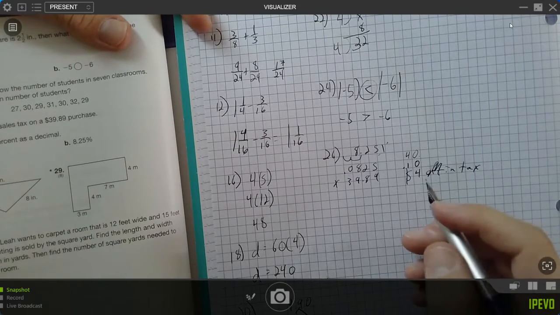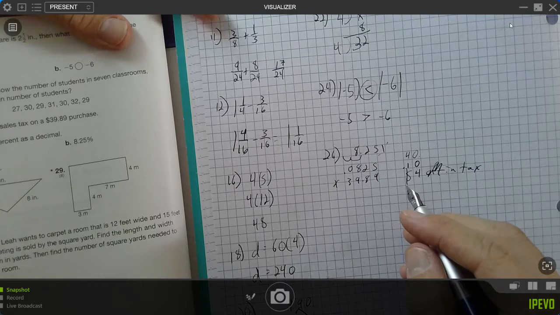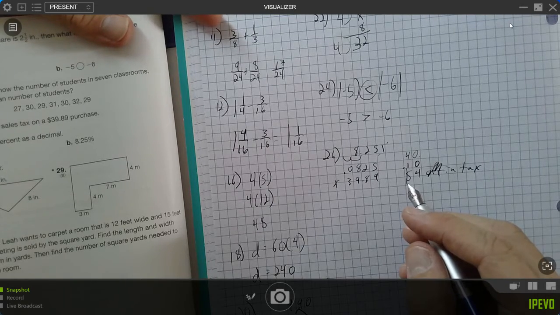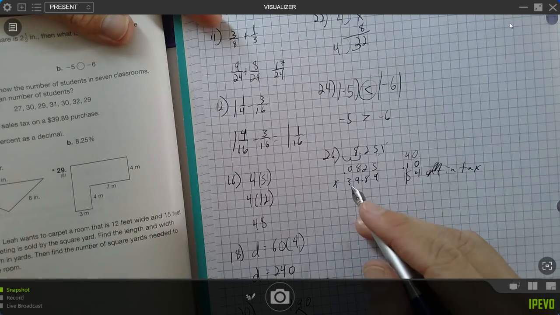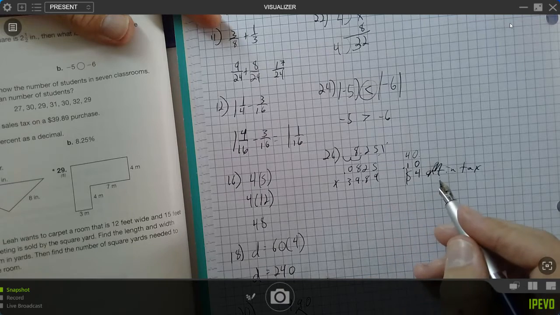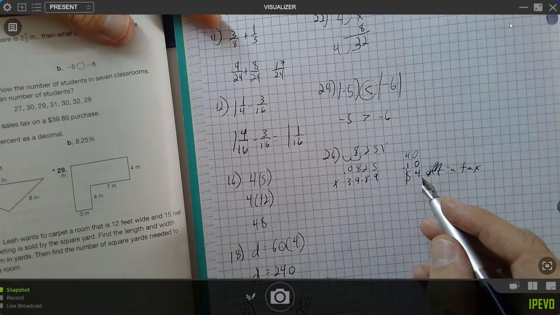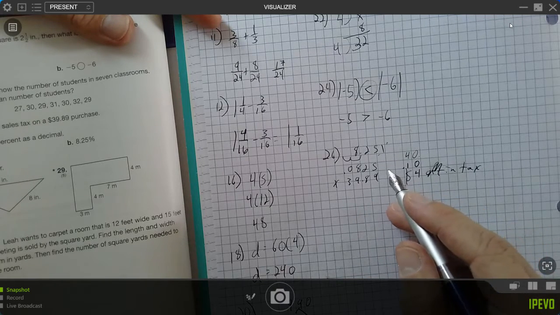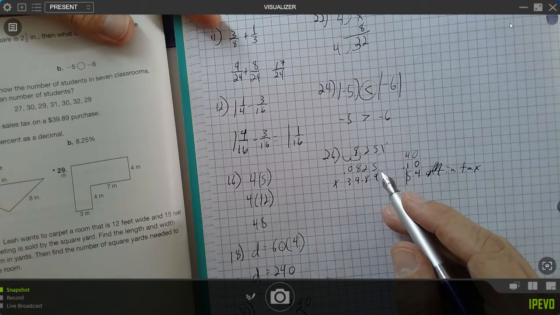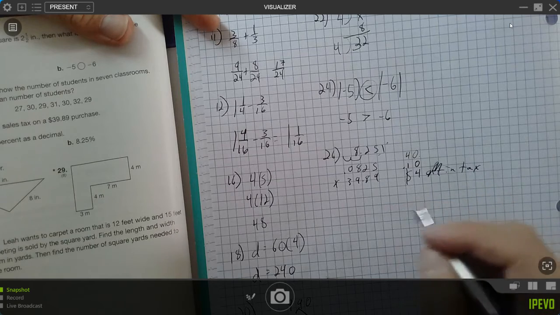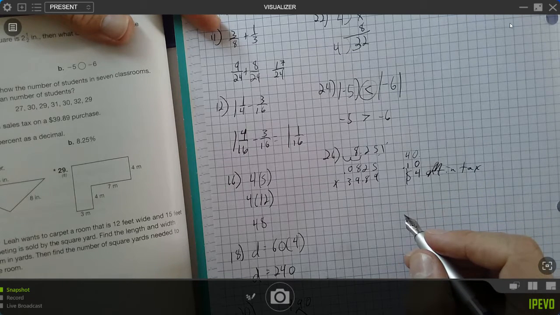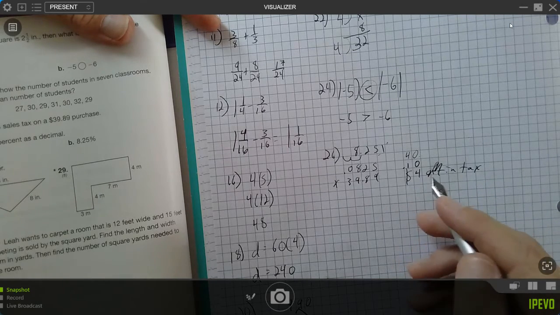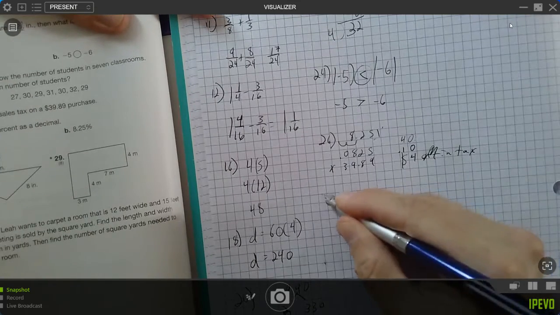If you're estimating, that means you're rounding up and down. So really, it's less than 4, because we rounded up from 8.25%. But yeah, I think that's going to do it.